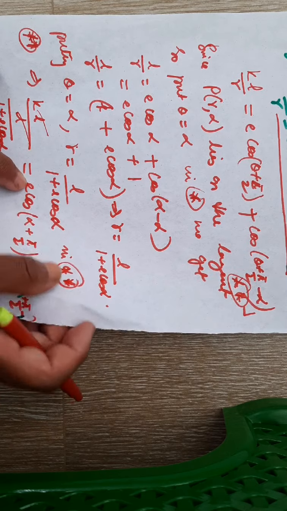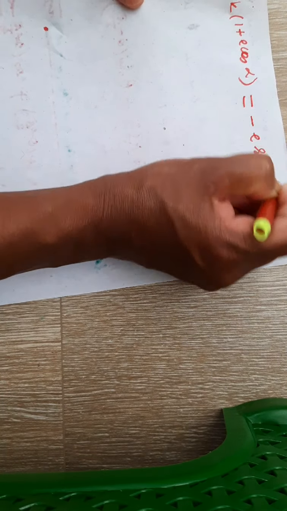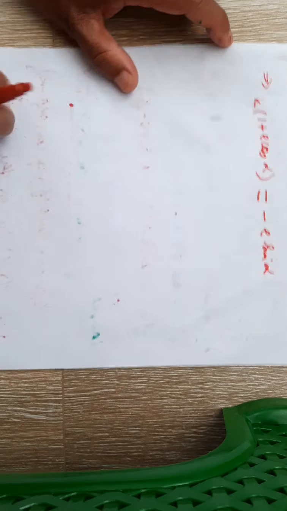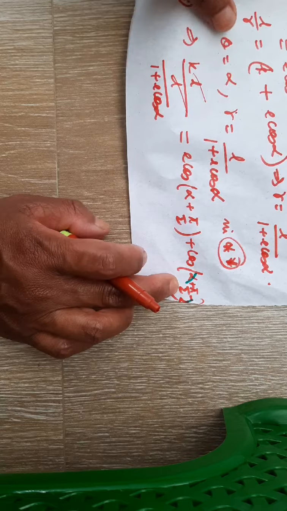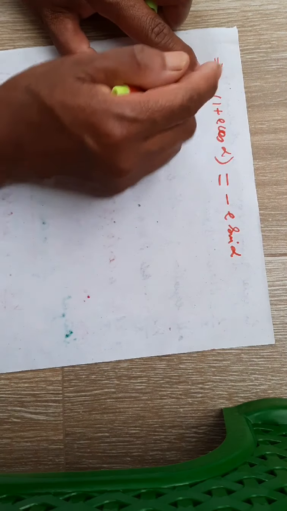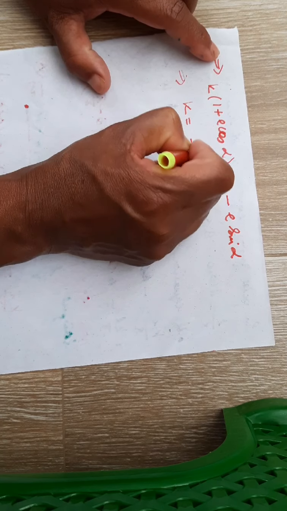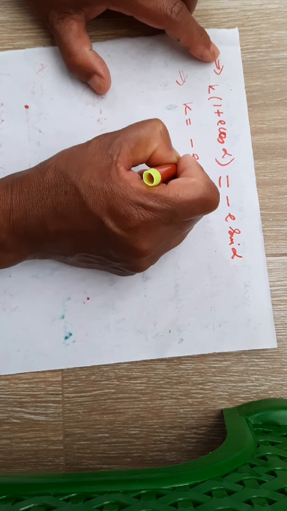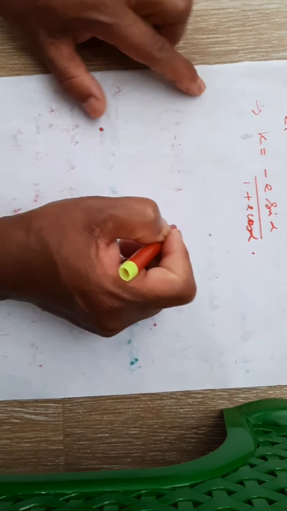So therefore it will become minus e sine of alpha. And this term will vanish because cos of pi by 2 is equal to 0. So finally it reduces to this equation, and this implies that k is equal to minus e sine alpha divided by 1 plus e cos alpha.